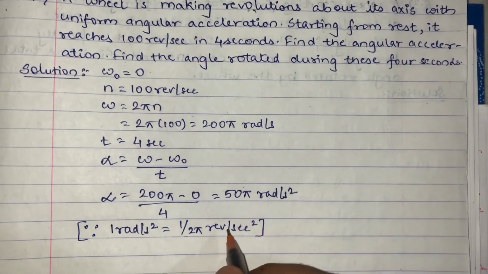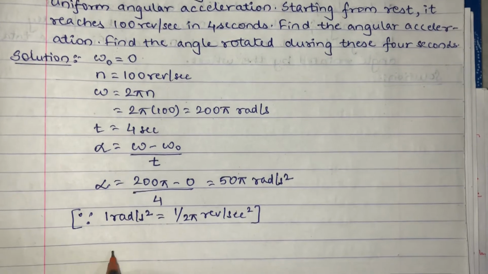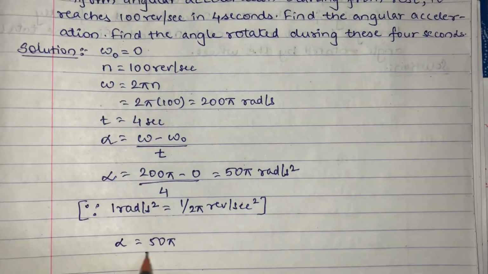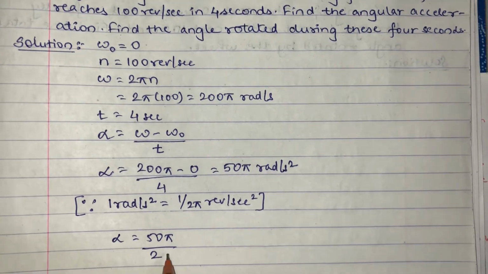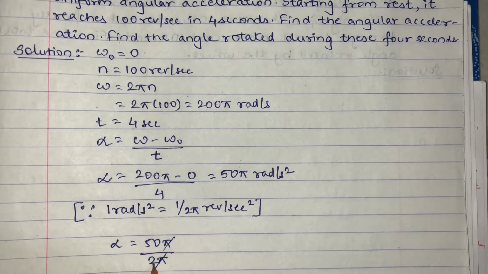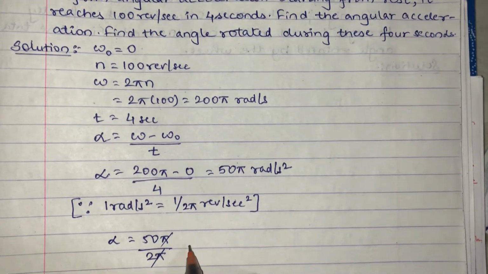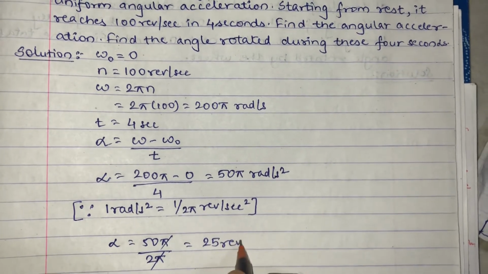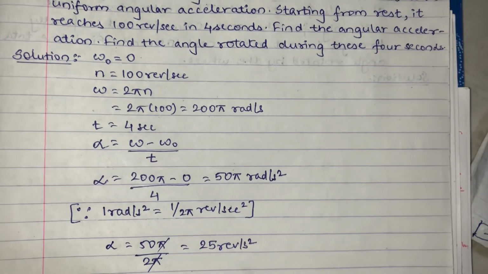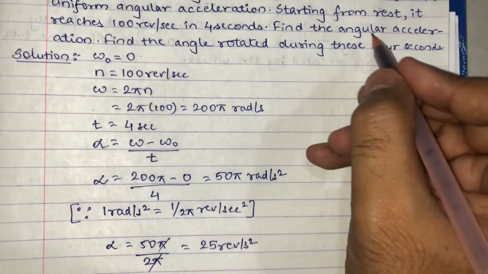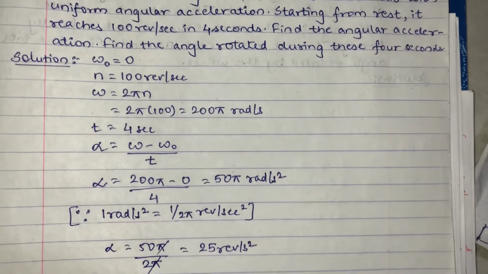So if this is the condition, then alpha can be written as 50 pi divided by 2 times pi, where pi gets cancelled, and when divided, it becomes 25 revolution per second square. That is your alpha value, which is the angular acceleration.